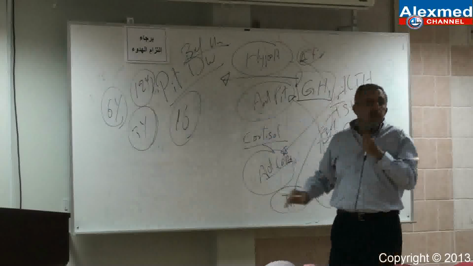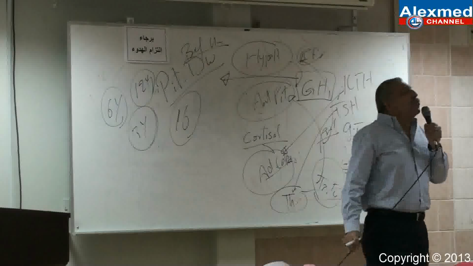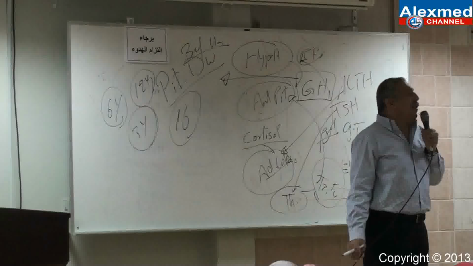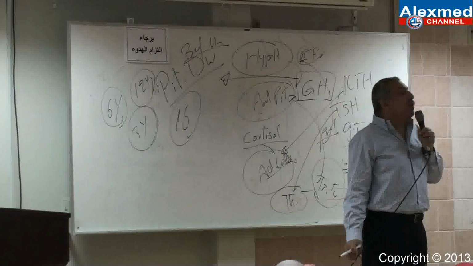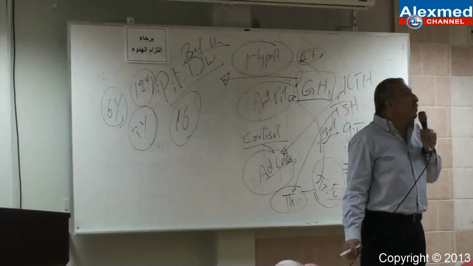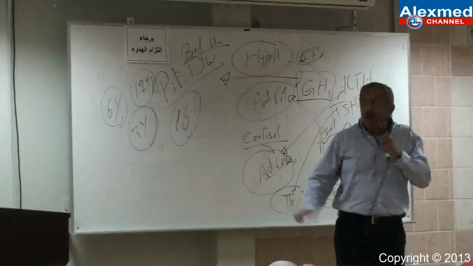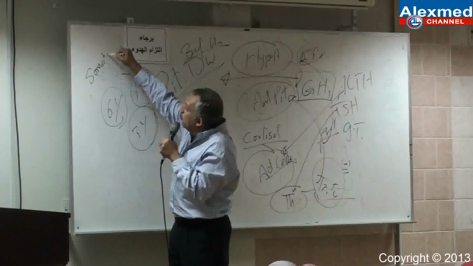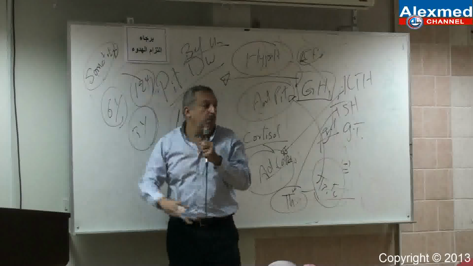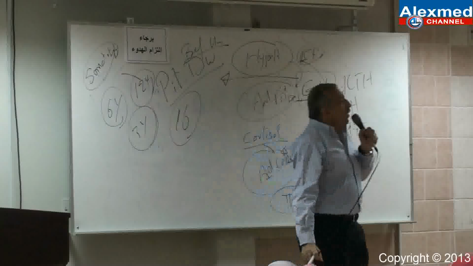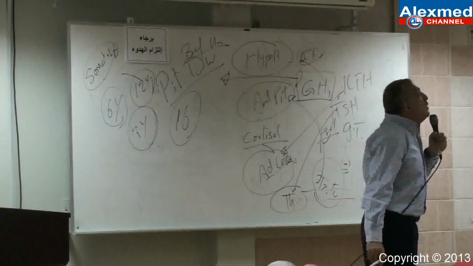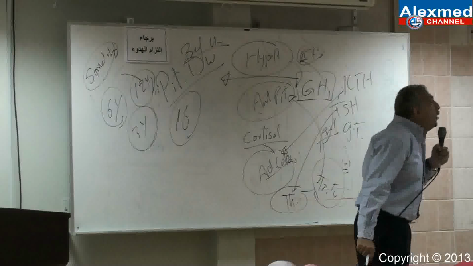Okay. Second, what's the source of this growth hormone? From where I'm going to get this growth hormone? From genetic engineering. Somatotropin. Somatotropin is obtained by genetic engineering. And it must be human in nature.